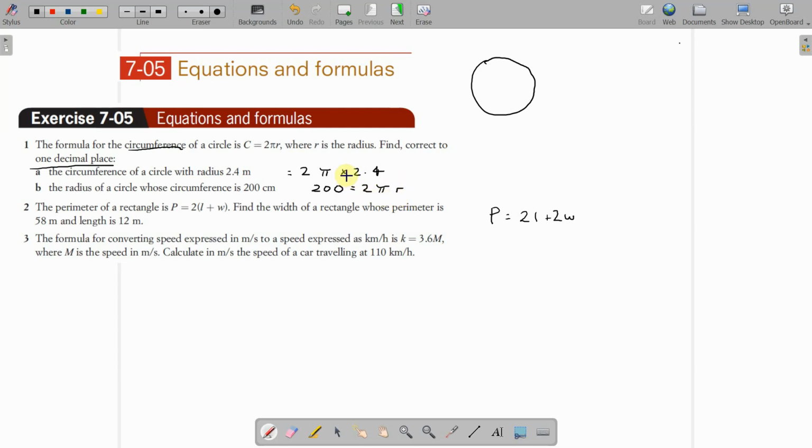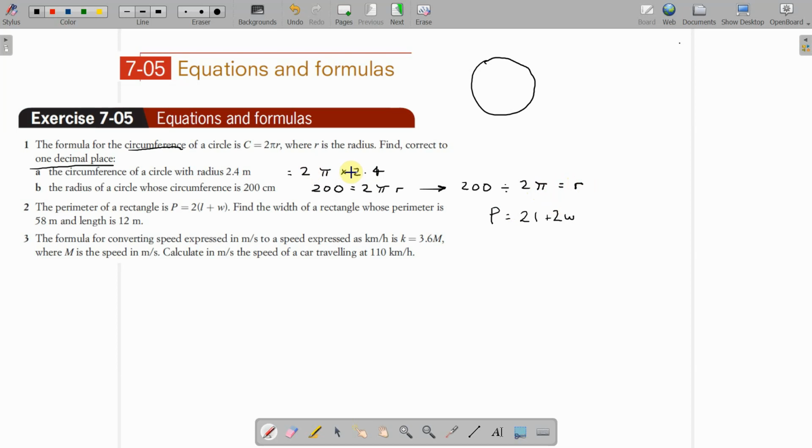In the first one we multiplied, so all we have to do now is divide, going backwards. So all you do is 200 divided by 2 pi, and that will find you what the radius is.